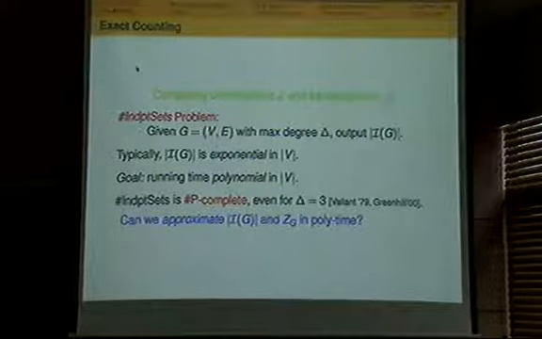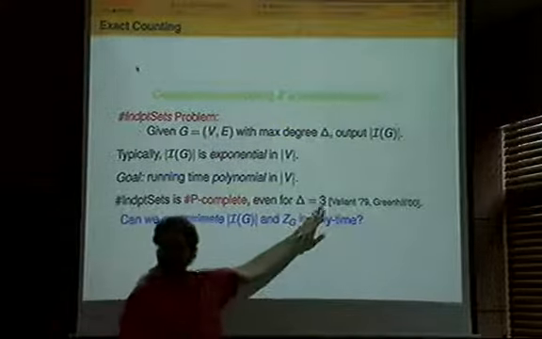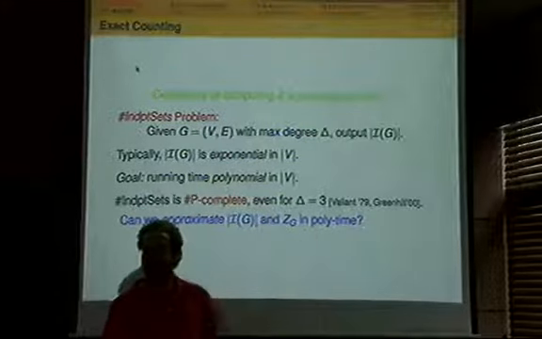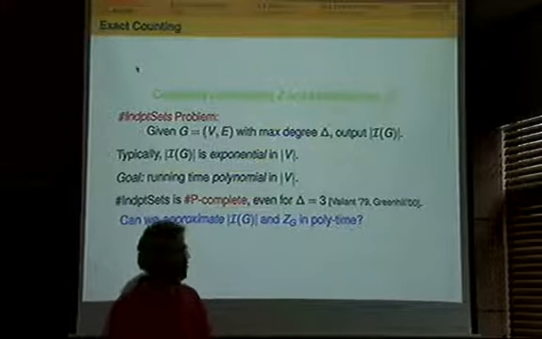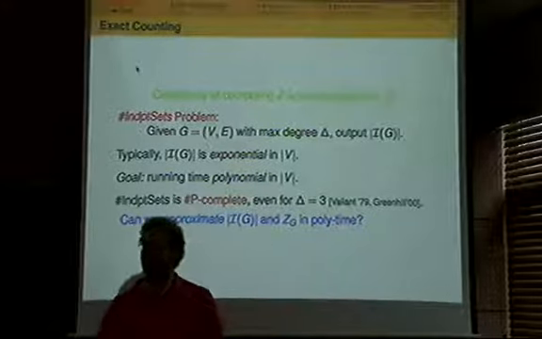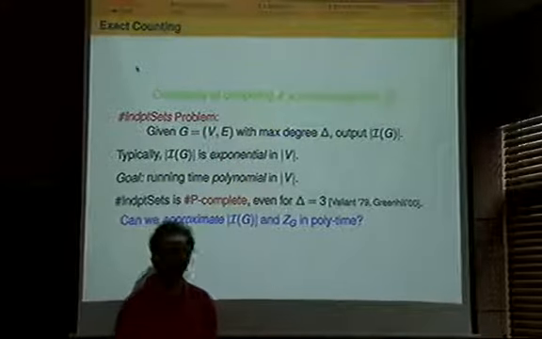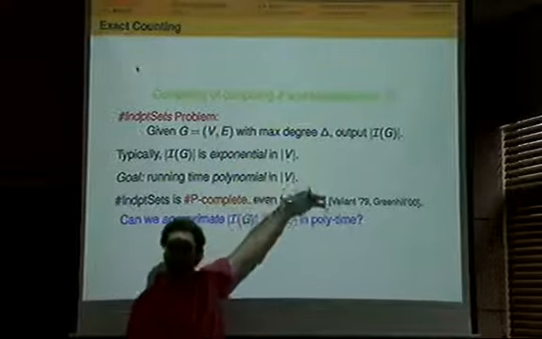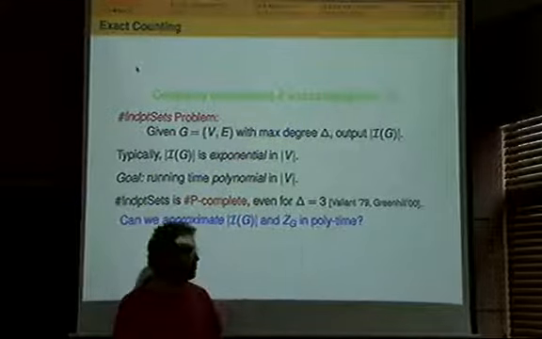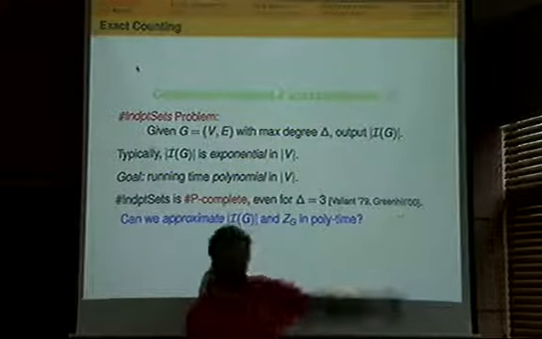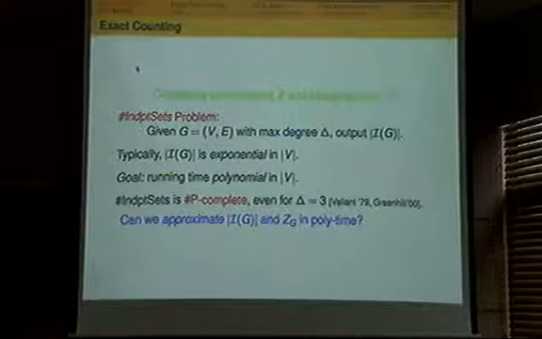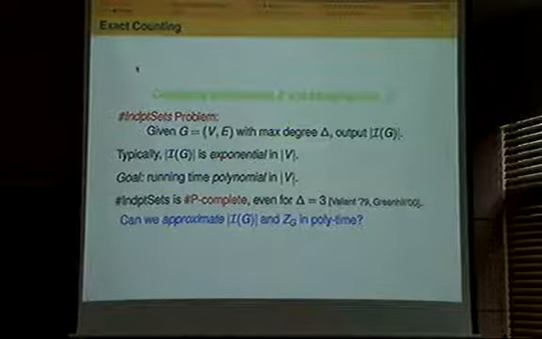So that holds for any delta at least 3. Delta equals 3 would presumably be the easiest one, so the challenge was reducing the delta.